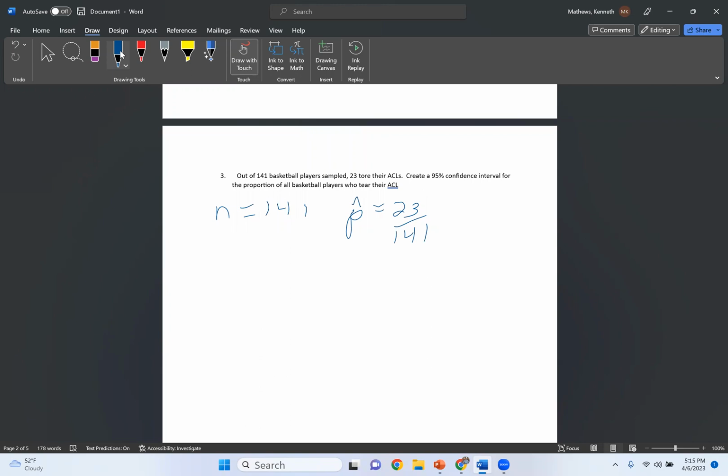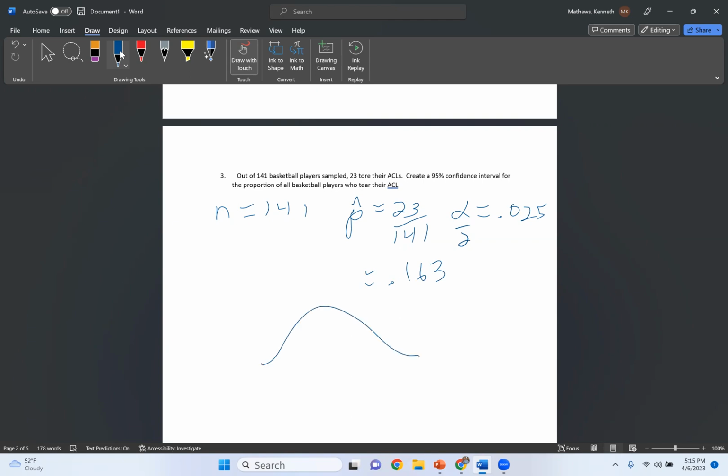And we're creating a 95% confidence interval, so the areas of our tails are going to be 0.05 over 2. All right. So what's 23 over 141? Do it on my calculator here. 23 divided by 141 is 0.163.